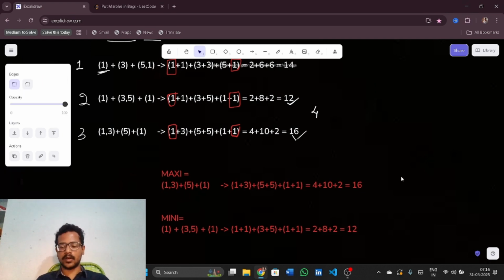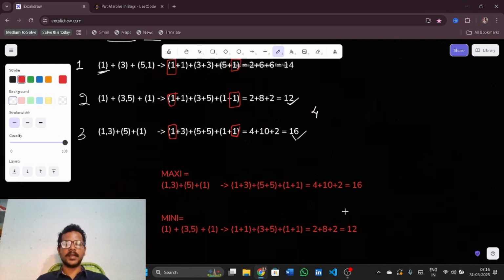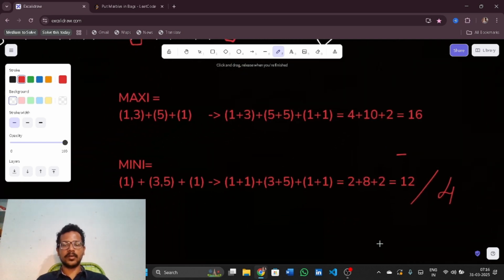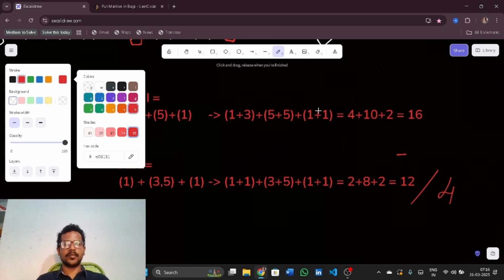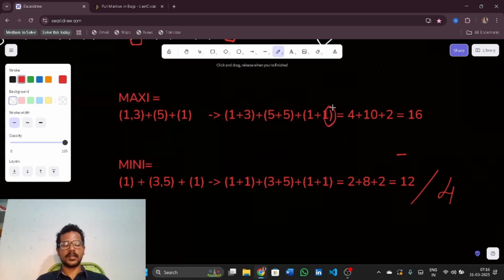Now 16 minus 12 is giving me 4. But instead, look at this: imagine removing this one, and also this, the last one and the first one.